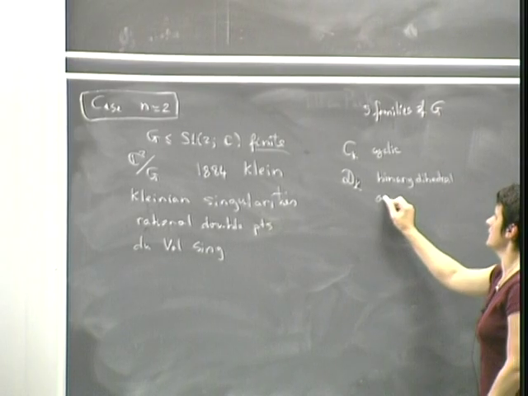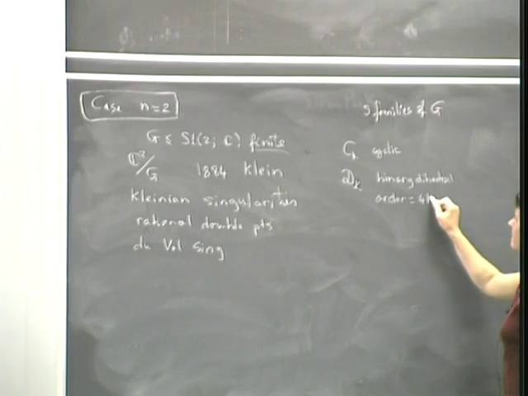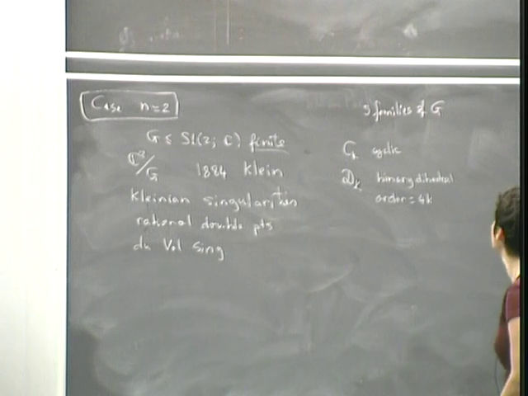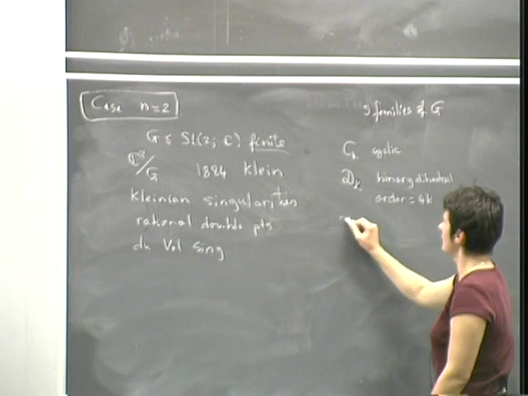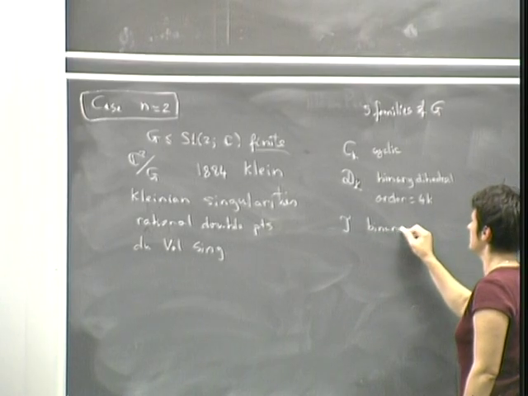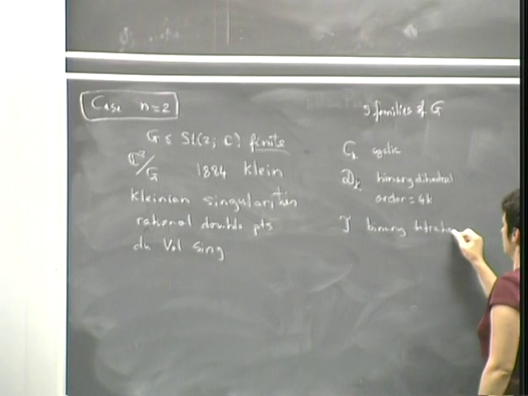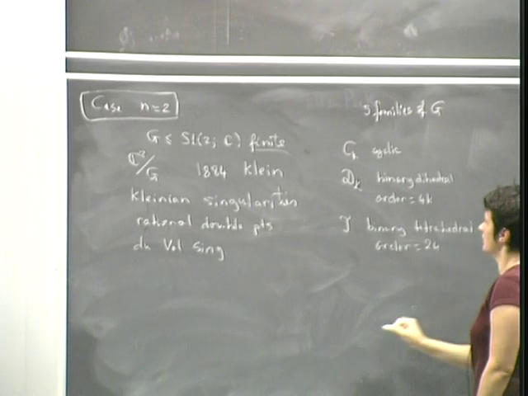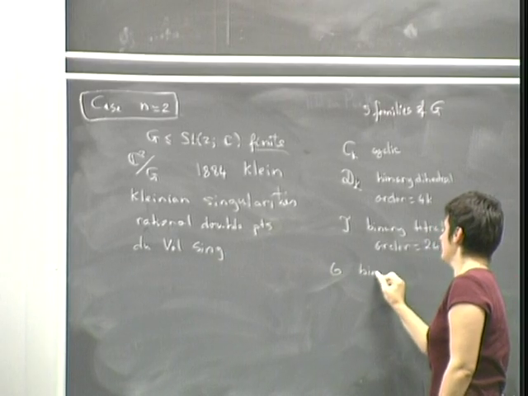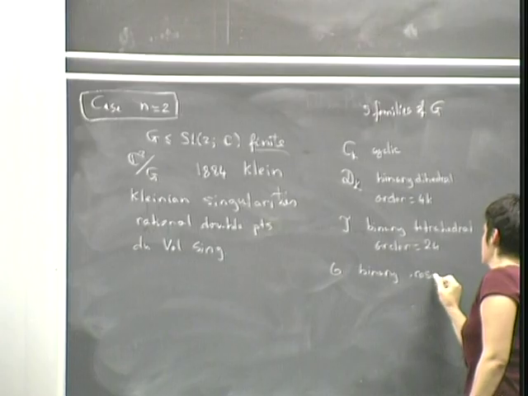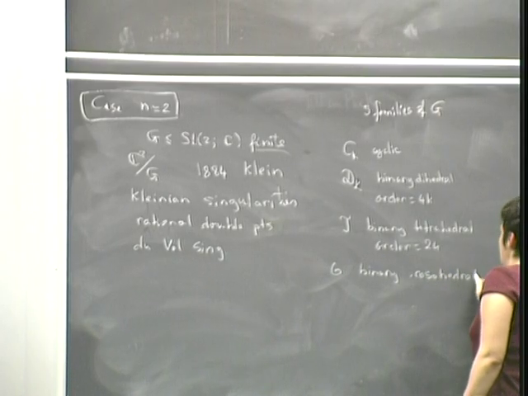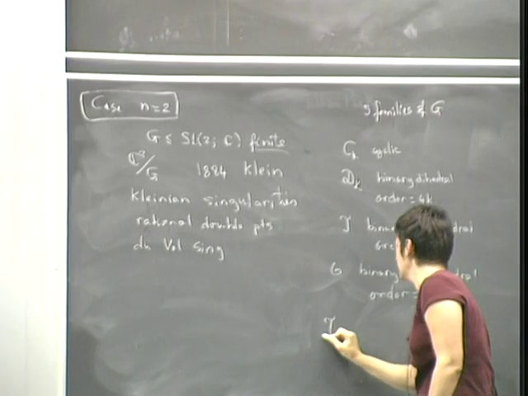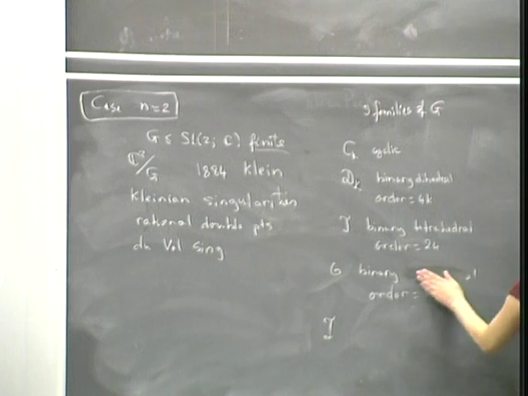The order of this guy is 4K. And these are two infinite families. And then we have three special groups, which are the binary tetrahedral group, which has order 24, the binary icosahedral, order 48, and actually, this is binary octahedral.